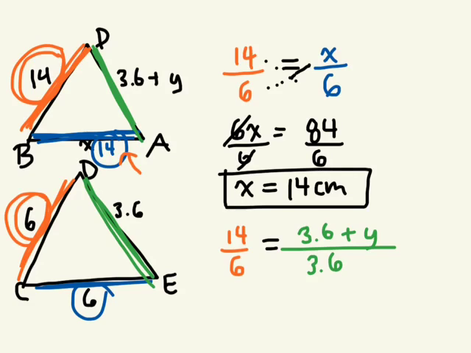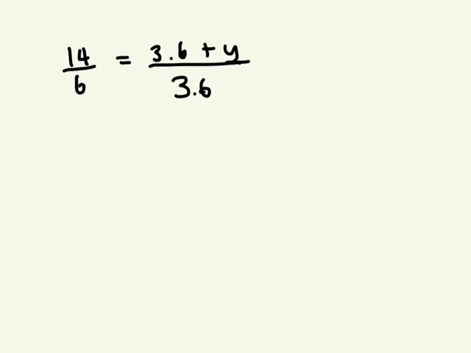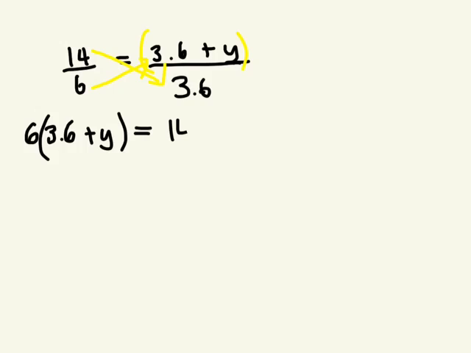Can you cross multiply? Yes, you can. I'm going to do this on the other page so we have more room. Okay. 6 times this whole thing, right? So it's going to be 6 times 3.6 plus y, so we have to use the distributive property. Remember this? Is equal to 14 times 3.6, right?